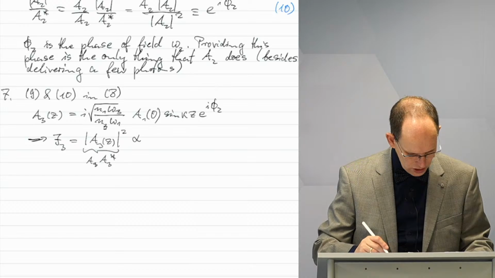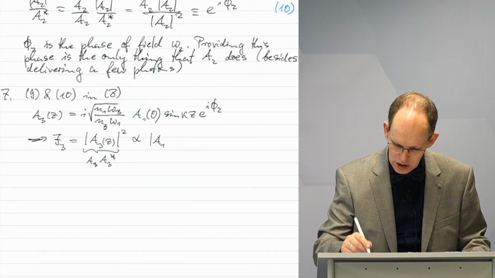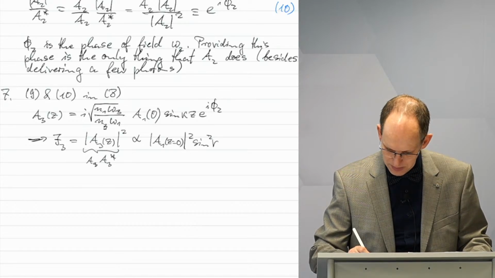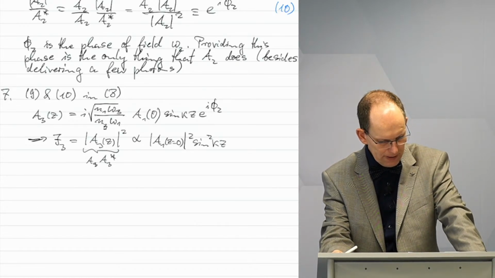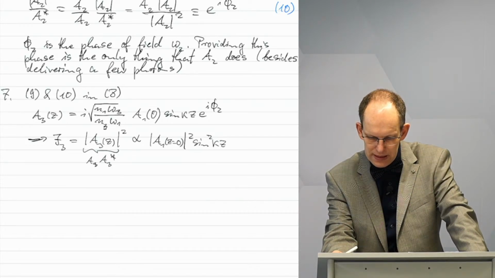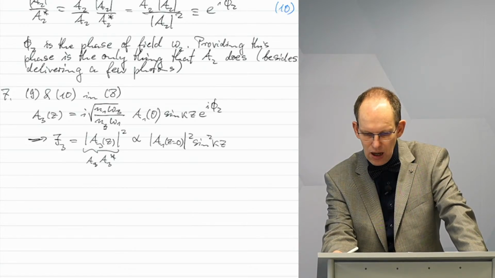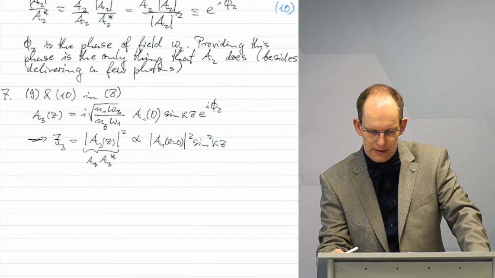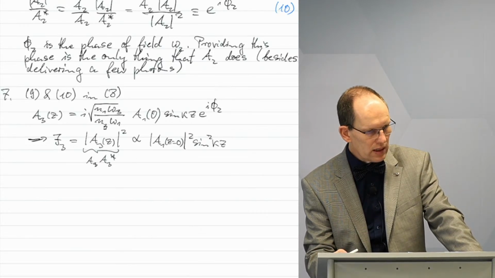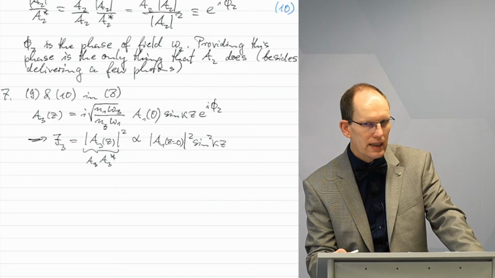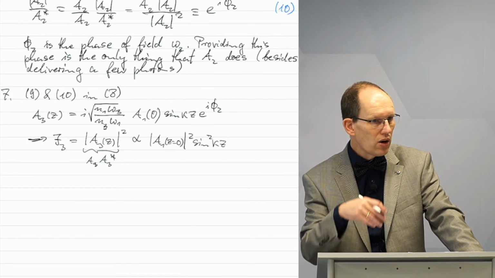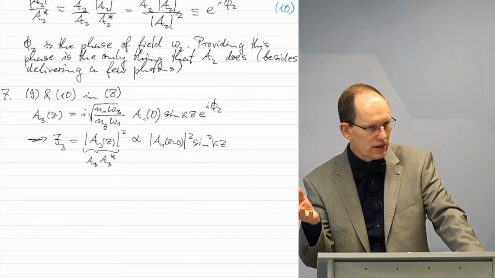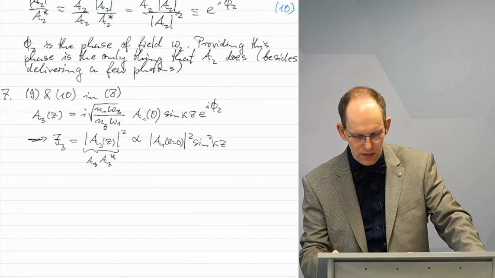This is proportional to A1 at position Z equal to 0 squared times the sine squared of kappa times Z. So we see that the intensity at the new frequency oscillates with a sine squared behavior, which implies that also I1, the intensity of amplitude 1, will oscillate pretty much in the same way, just as a cosine squared, because for each photon that I generate in omega 3, I lose one in omega 1.